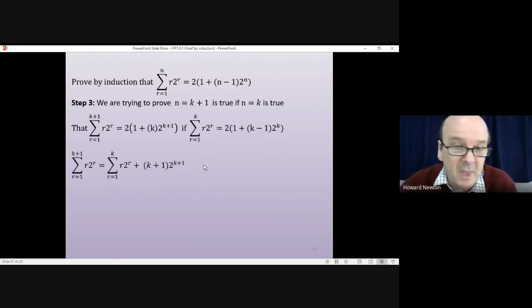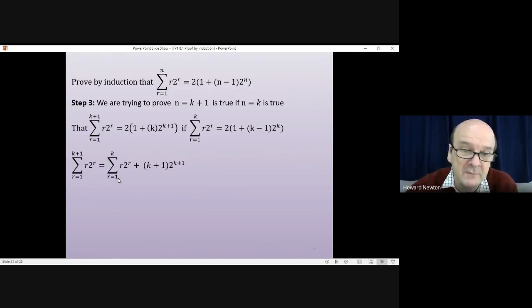Now then, we do split this up in the same way as we did in the first 2 questions. We consider, first of all, the sum of the numbers from 1 to k. Then we need to add on the last term, the term when you have k plus 1. That gives you that. The reason why we do that is because we have a formula for the sum from 1 to k, which is here, that we now substitute in.